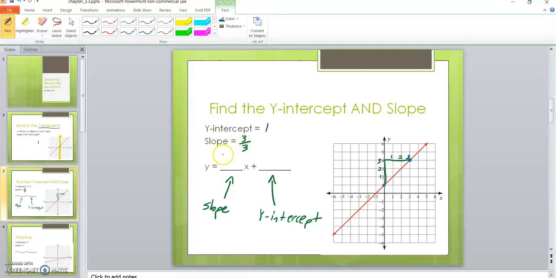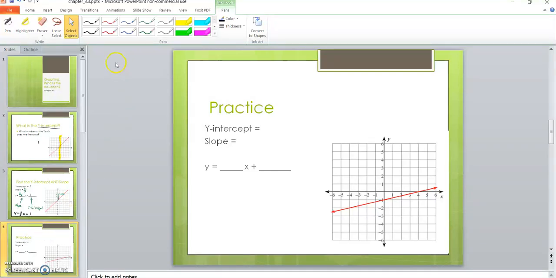So my slope is 3 over 3, and my y-intercept is 1. That means my equation is y equals 3 over 3 x plus 1. Do you see what I did there? I just put everything together.